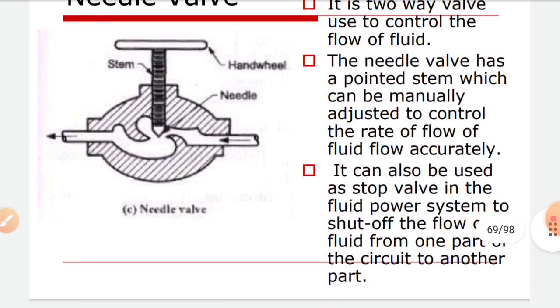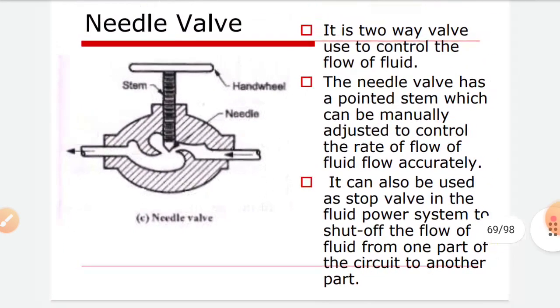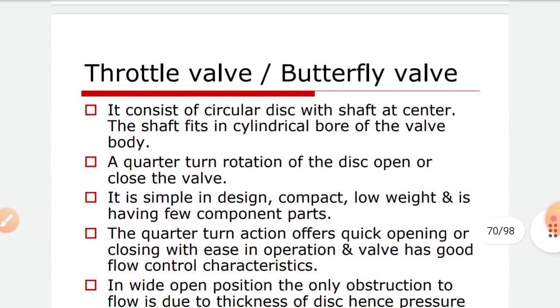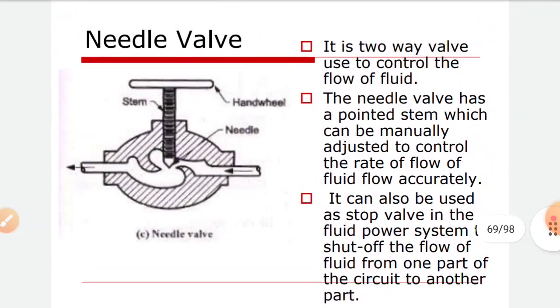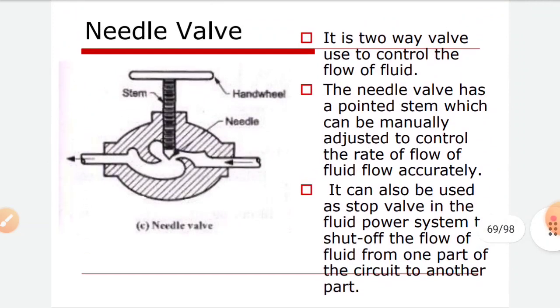It can also be used as a stop valve in the fluid power system to shut off the flow of fluid from one part of the circuit to another part. So this is information of needle valve.